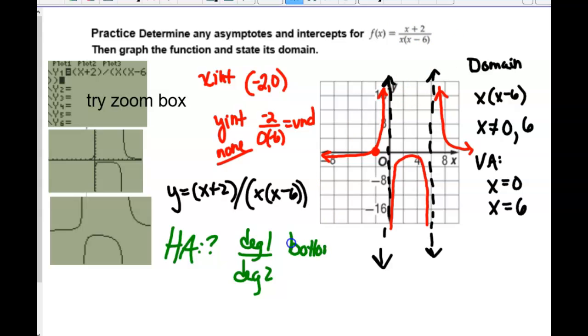What does bottom heavy mean? Yes, so y equals 0. So the horizontal asymptote is here. But it crossed that. We had an x-intercept. Is that okay? Yes. The answer is yes. It can cross a horizontal asymptote, but it can never cross a vertical asymptote.